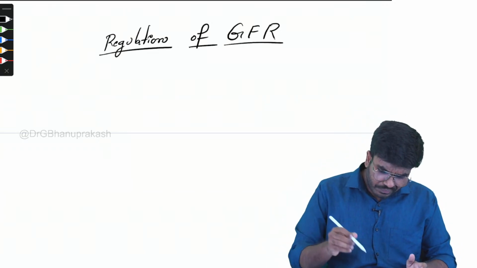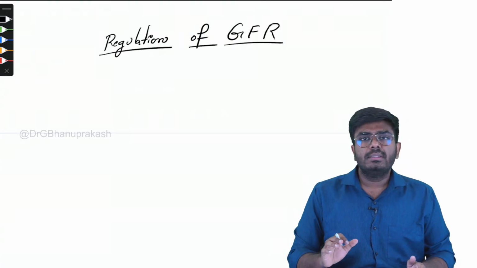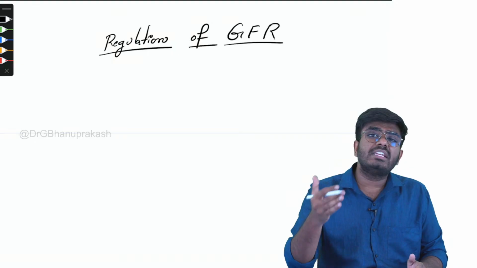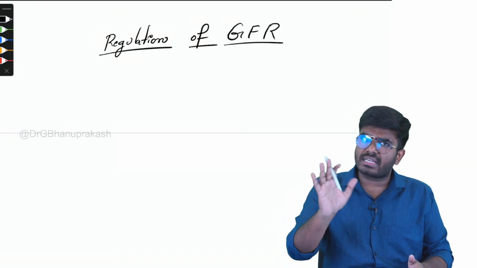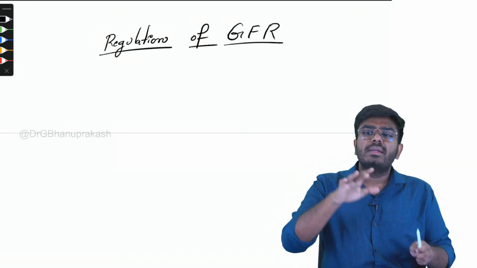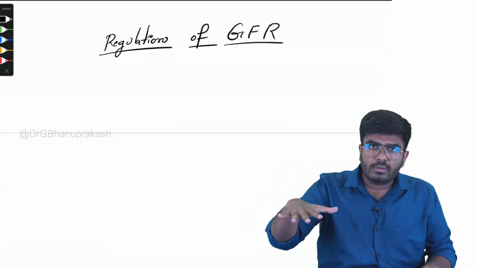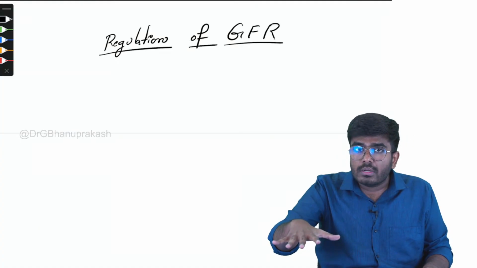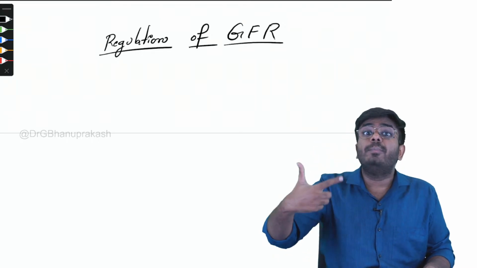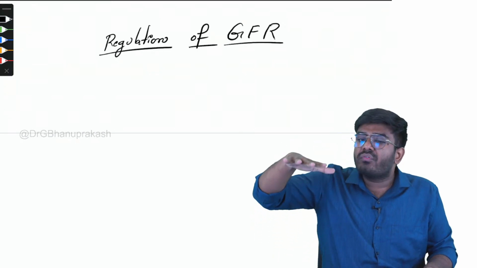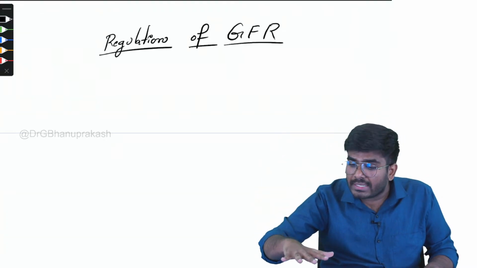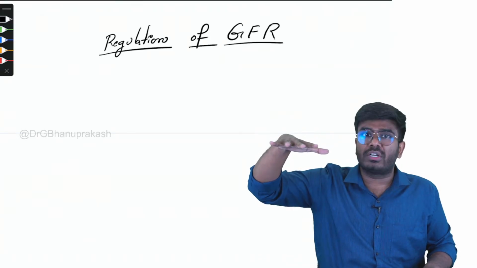For example, imagine there is a condition where the person's GFR is falling down due to some reason. I will explain that reason. Normal GFR is 125 ml per minute. If the GFR is falling down, your kidneys have an ability to bring it back to 125.